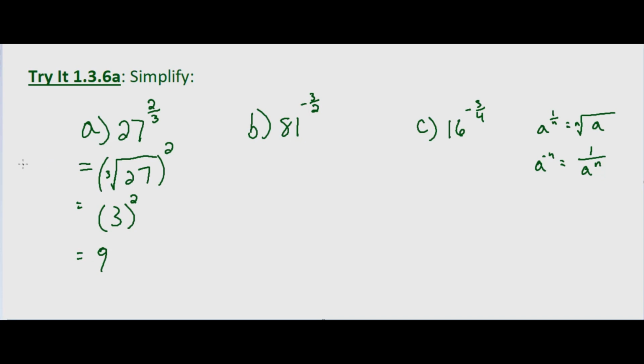Now also, if you notice, we could have done this. It's just as mathematically sound to say that this is the cube root of 27 squared, which equals the cube root of 27 times the cube root of 27, which equals 3 times 3, which equals 9.